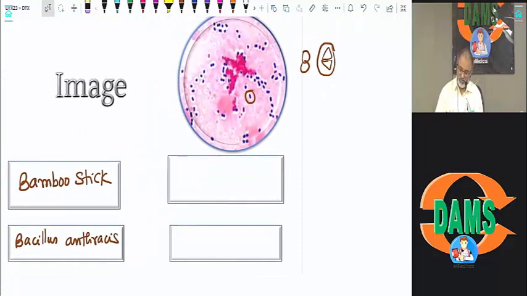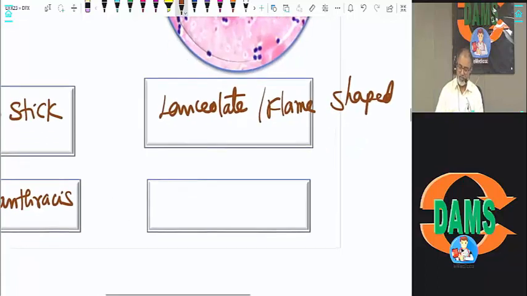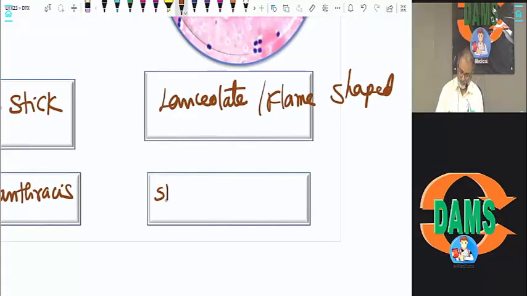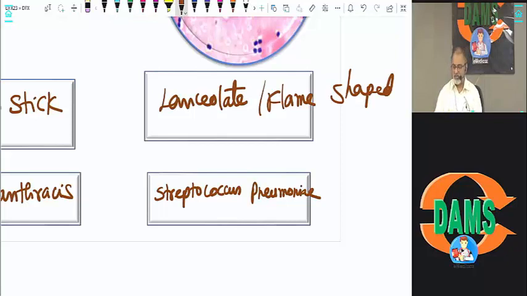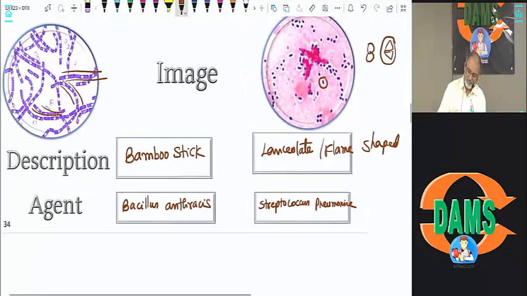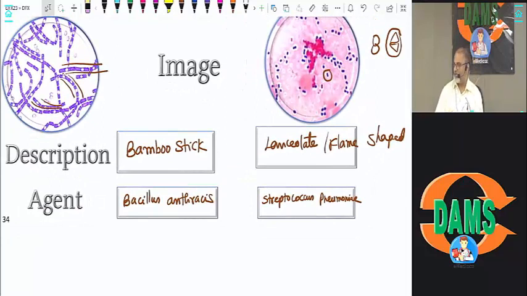Okay, this is lanceolate or flame shape bacteria: Streptococcus pneumoniae. Got it?